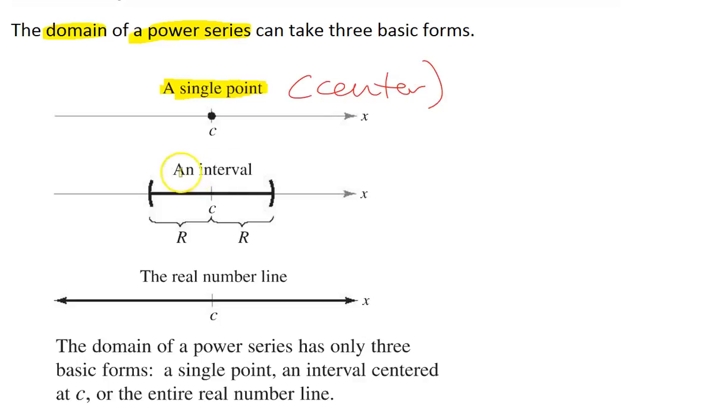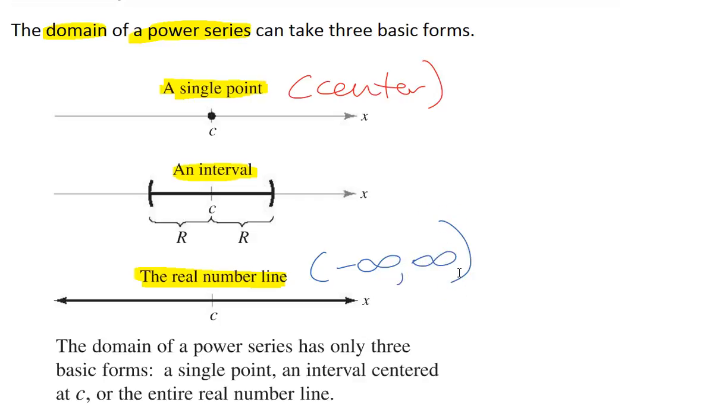Or it could be that it's convergent for x values in the neighborhood of its center, to the right of the center and to the left of the center. Or it could be that the series is convergent for all x values. In other words, the domain would be negative infinity to infinity.